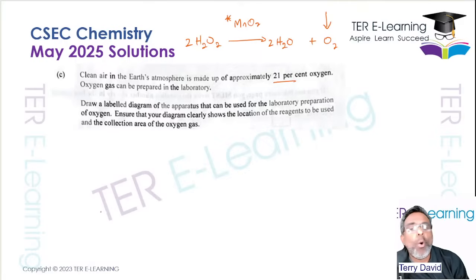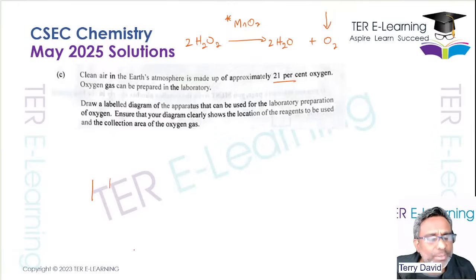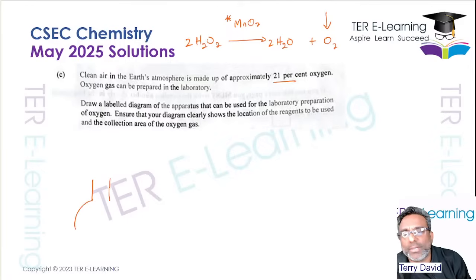So let's see how we're going to do this. They want a diagram. They didn't specify if they want dry oxygen, or how they want the oxygen. Now these diagrams, you could have drawn them freehand if you want. I'm just going to put some stuff inside here. This here is your MnO2, or the manganese dioxide.